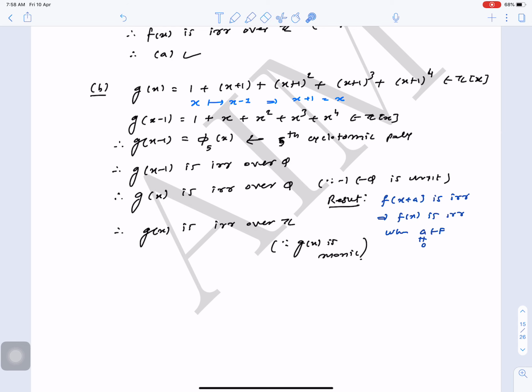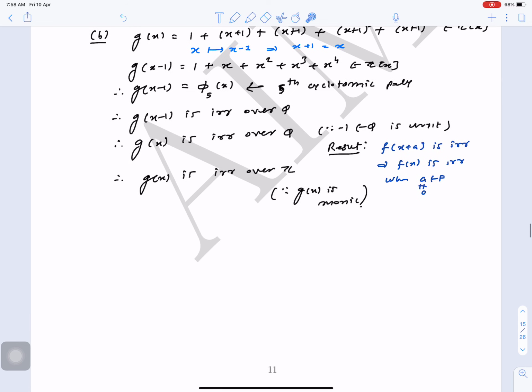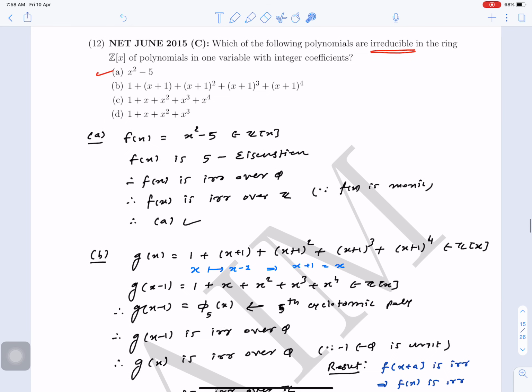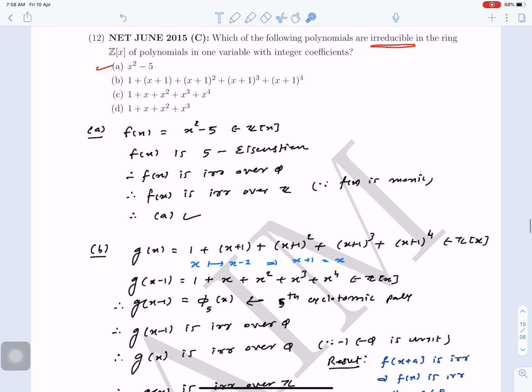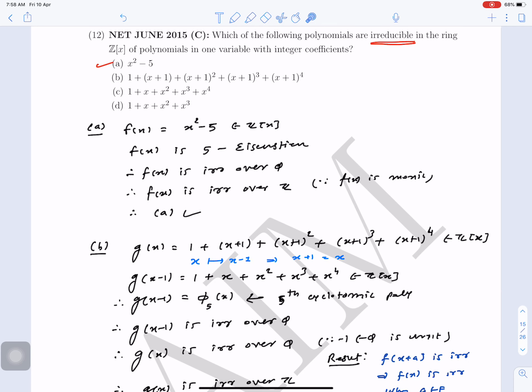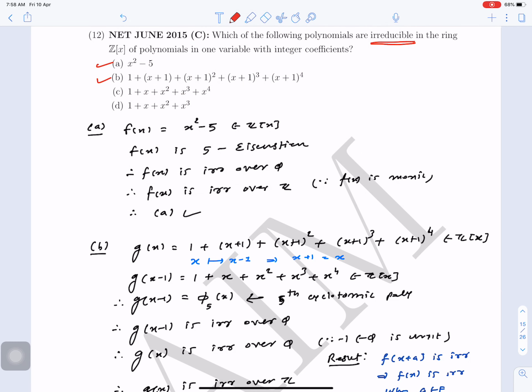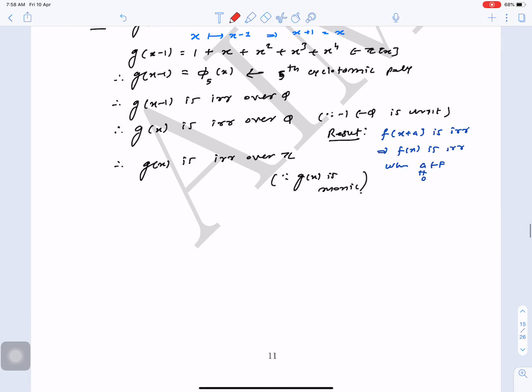So g(x) is monic, so g(x) is irreducible over Z, and we are interested in irreducible polynomials. So option B is also correct.